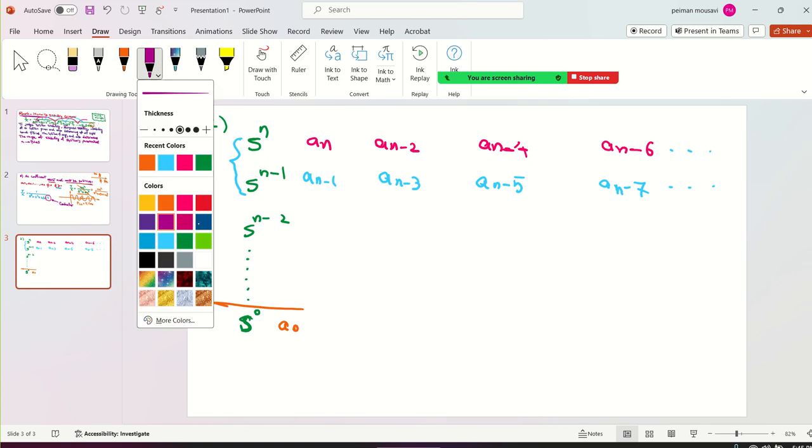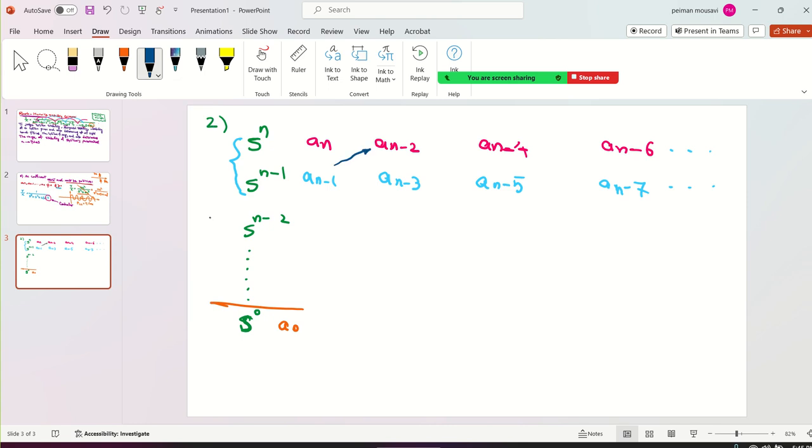Here, you're gonna say this multiplied by this minus this multiplied by this divided by the first one. So here you're gonna say an minus 1, an minus 2 minus an minus 3 divided by an minus 1. Next element, this multiplied by this minus this multiplied by this again divided by this.